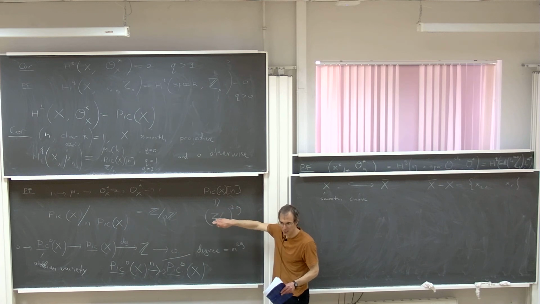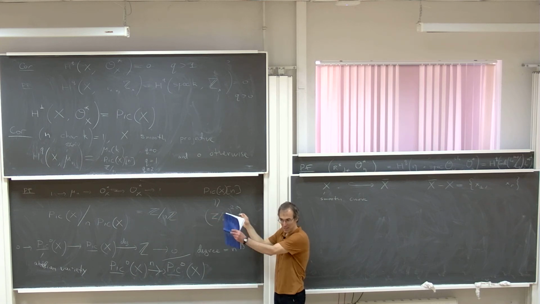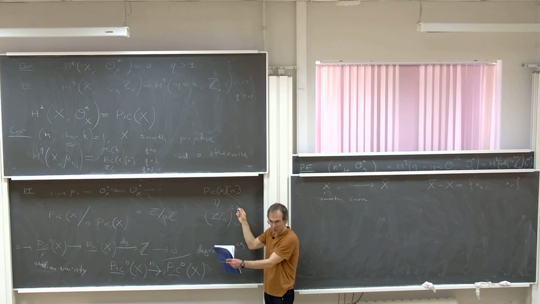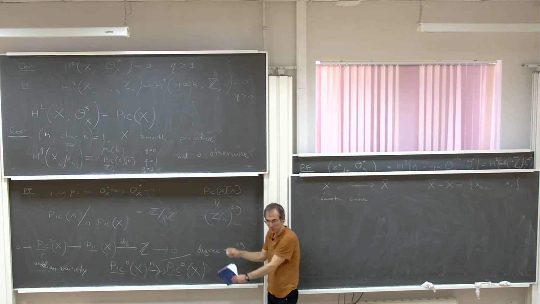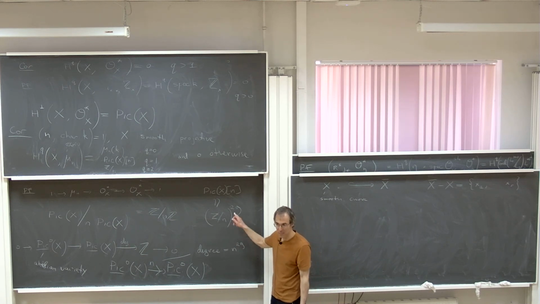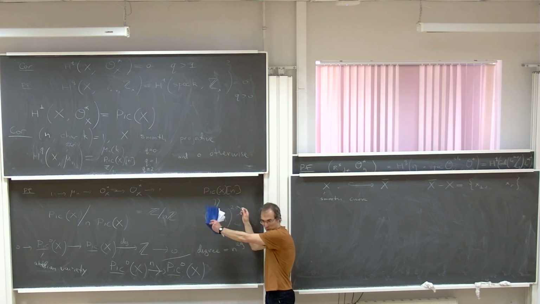You know that it's a group of the desired order, and you want to show that it's precisely Z mod p squared to the 2g. So there are several groups of this order, right? So what do you need to show? You just use the fact that p-torsion points on your abelian variety is Z mod pZ to the 2g. If it were something else, then p-torsion would be larger.